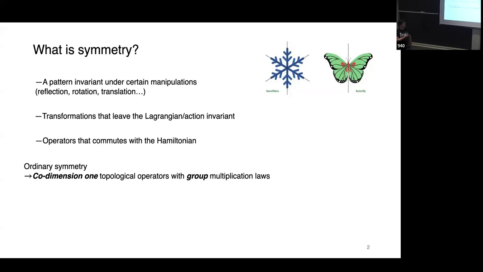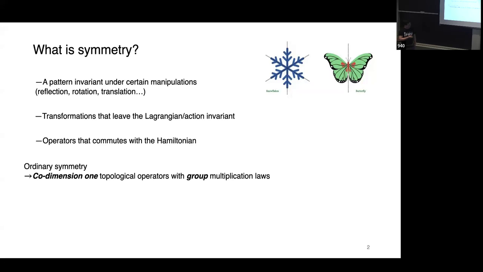So here is a modern perspective on ordinary symmetries. We use codimension 1 topological operators with a group multiplication law to describe our symmetries. So what is codimension 1? In a D+1 dimensional system, the symmetry operators act on the whole spatial slice, which is D-dimensional, and which is codimension 1. Topological means that it commutes with the Hamiltonian so that you can move it in the time direction freely.